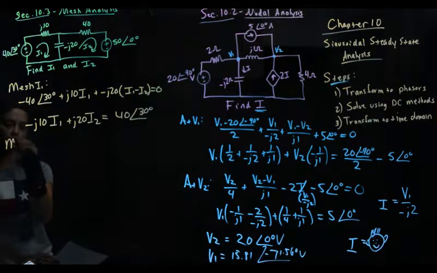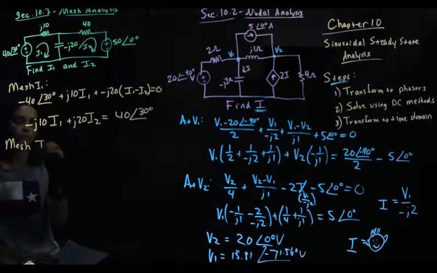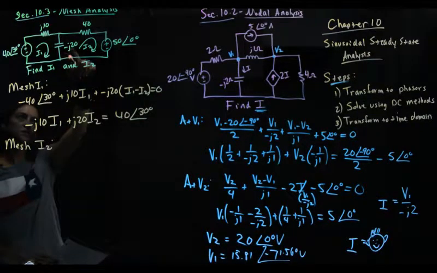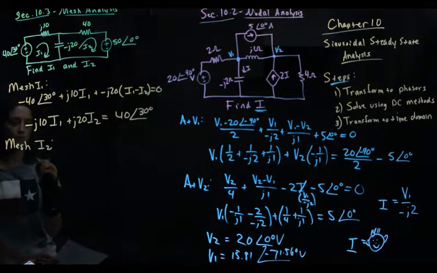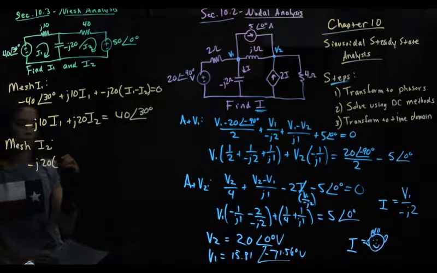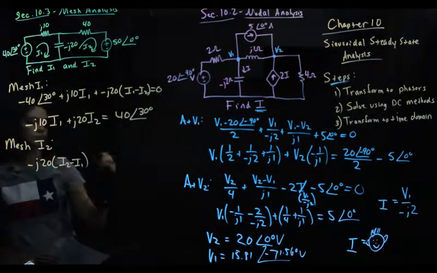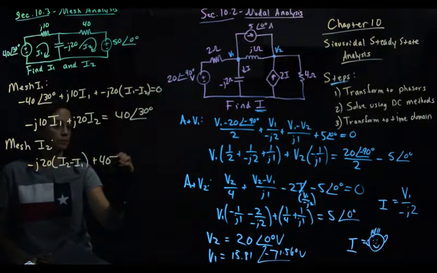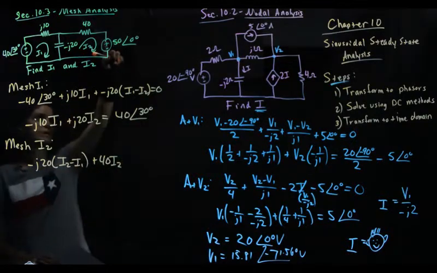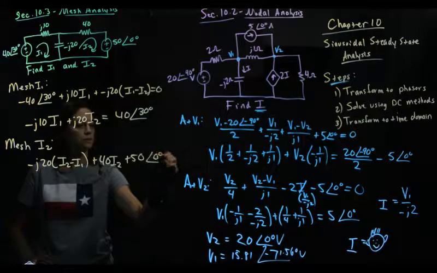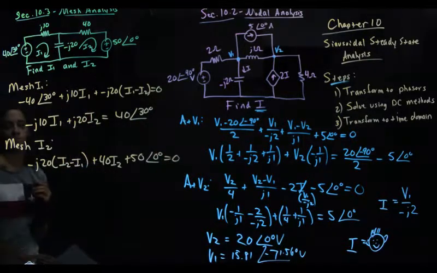At mesh I2, I have minus J20 times I2 minus I1, plus 40 I2, plus 50 angle of 0 degrees equals 0.